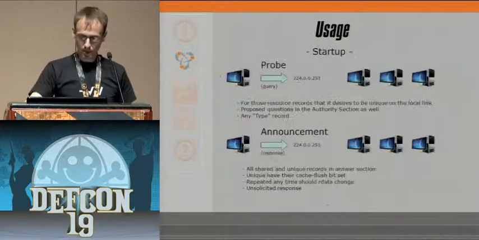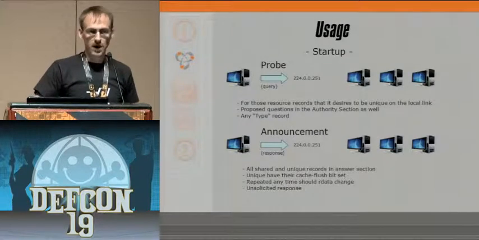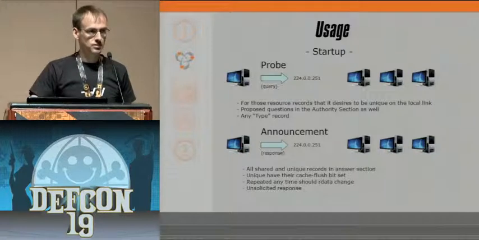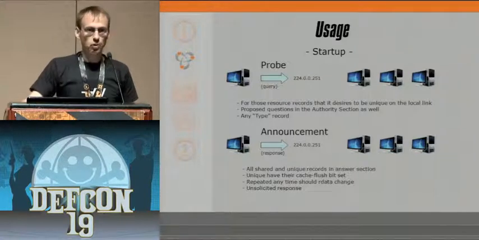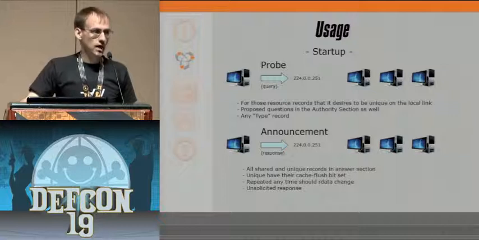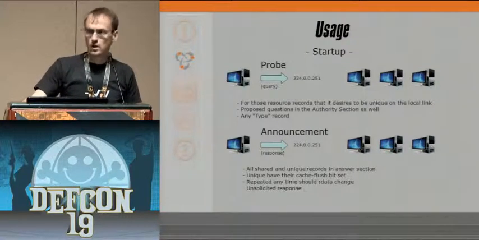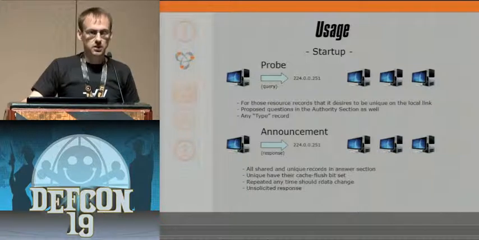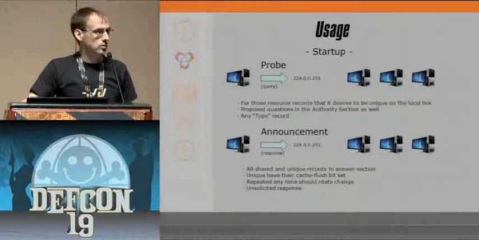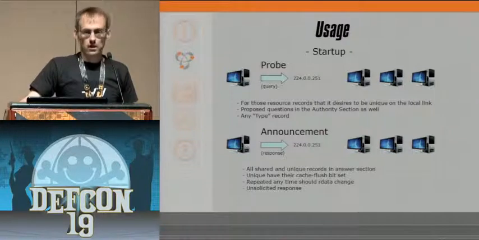Okay? Now, there are a few basic operations that these hosts engage in. And this is important when we take a look a little bit about how this information flows over the network later on. First off, there's the probe. The probe basically is a situation in which there is a record that this host is going to contain, and it wants to establish this as a unique record.